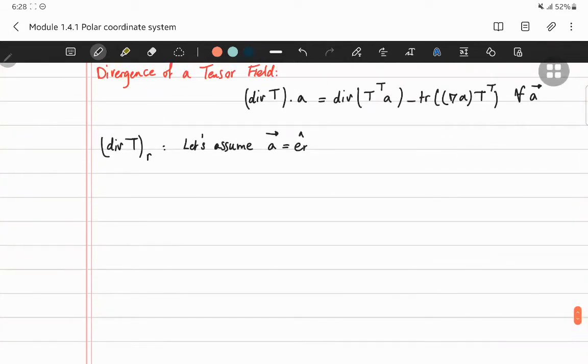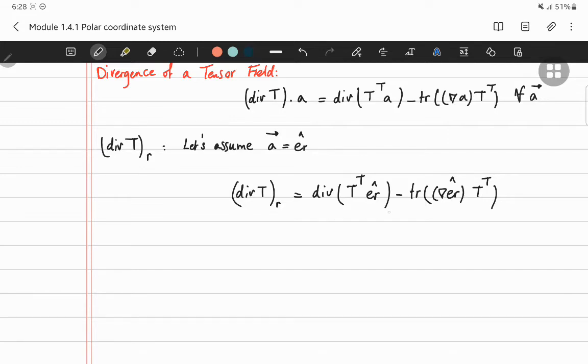If we rewrite the above equation, we have the divergence of t dot er, so it is the divergence of t transpose, and this is er, minus the trace of del, t transpose for the vector of er, of course.